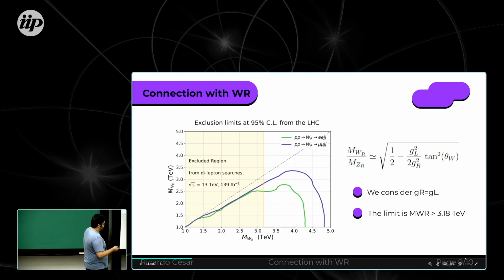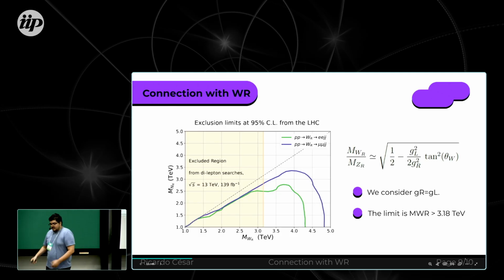But if we use limits found for the ZR, we can also restrict other areas of the parameter space, for example, areas where the mass of the right-handed neutrino is greater than the mass of the WR boson. So basically the region above this dotted line, okay?